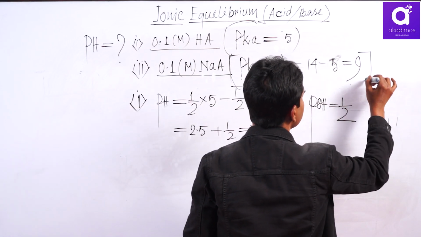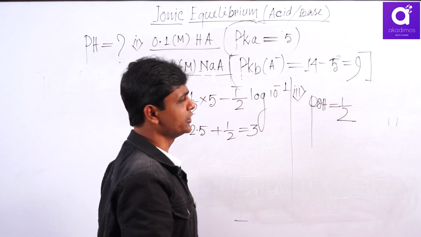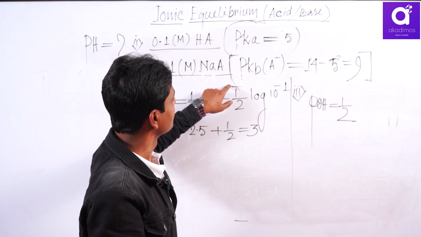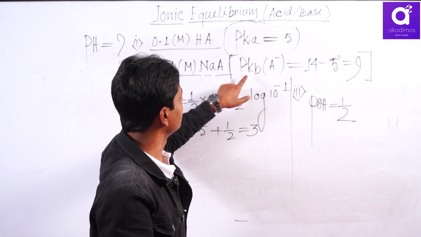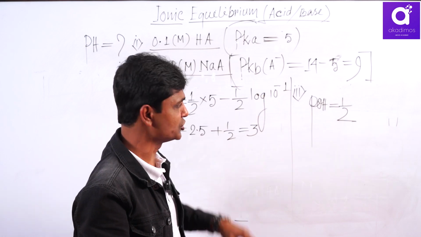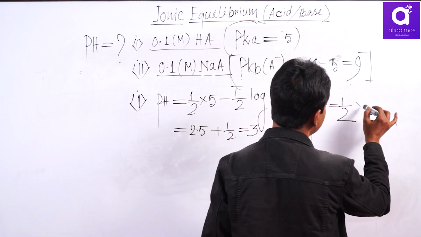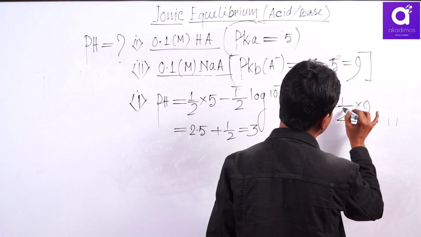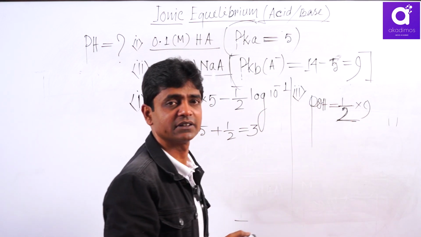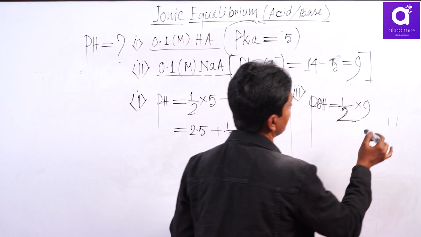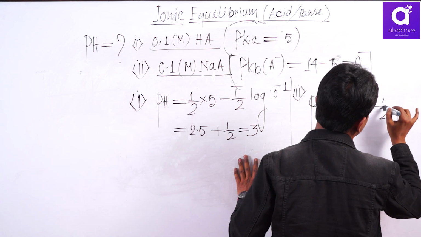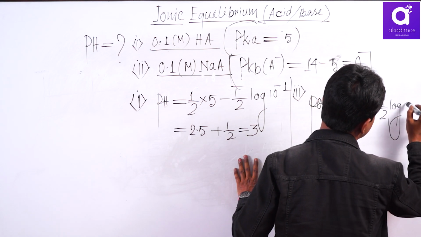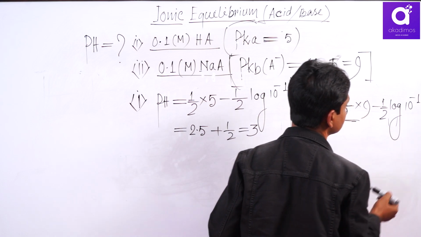Additionally, it may be given. If it is given, you will easily get the pKb of the conjugate base. That means half into 9, minus half log C, where C is 10 to the power minus 1.